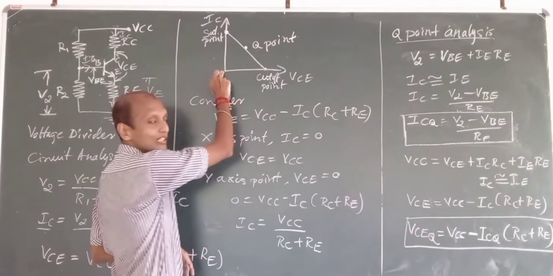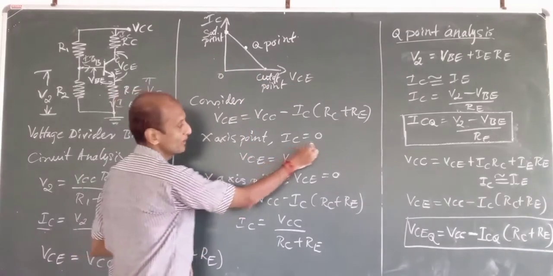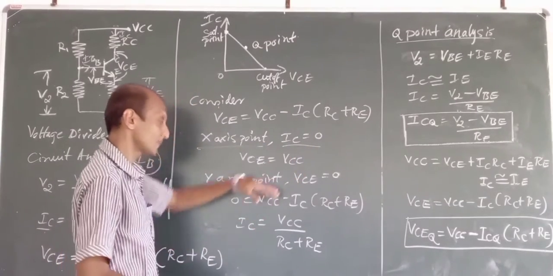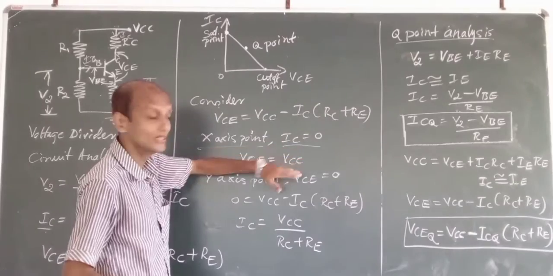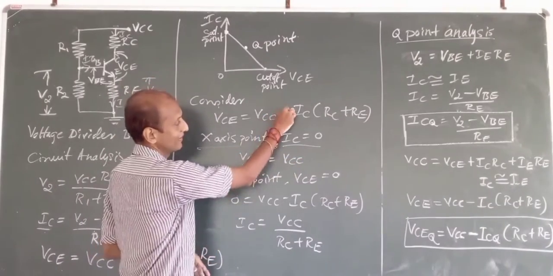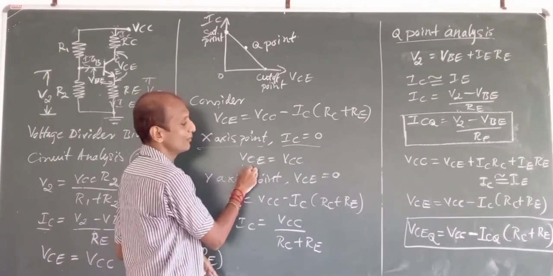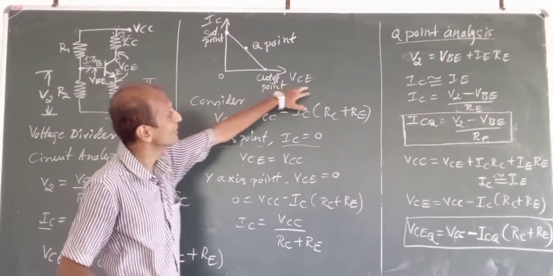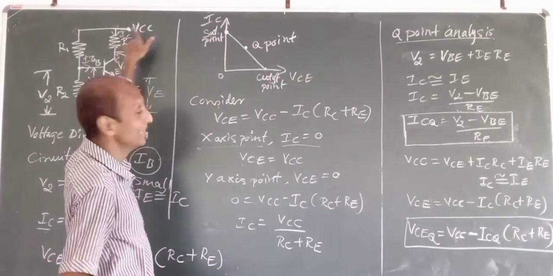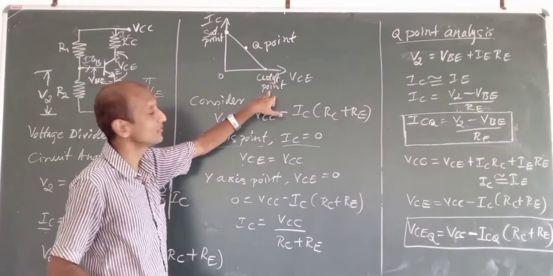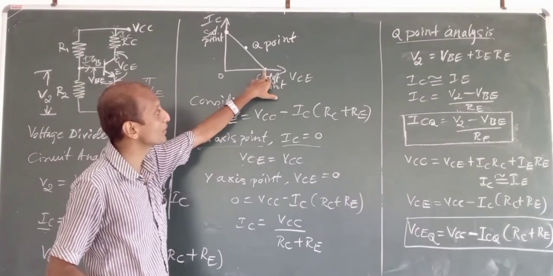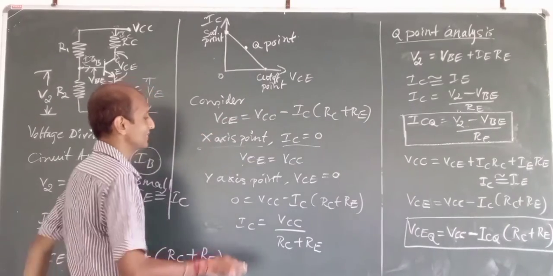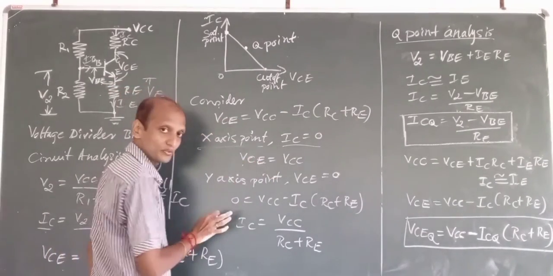Putting the value of IC as 0, this equation reduces to VCE equal to VCC. Is that okay? So your VCC voltage, what you have applied, is your cutoff point, or VCE cutoff.